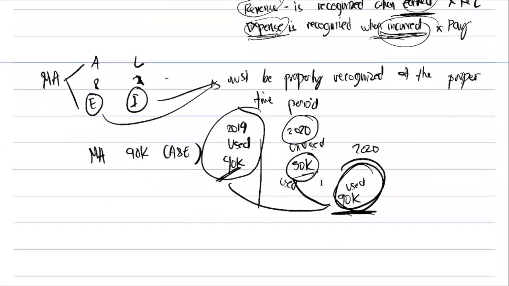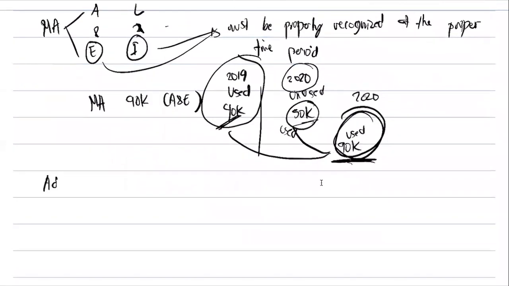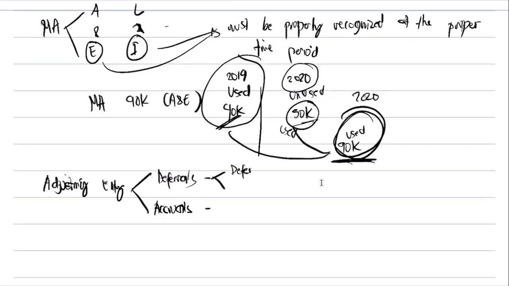So also before, in your adjusting entry, we learned that your adjusting entry is composed of at least two types. We have your deferrals and your accruals. Under your deferrals, we have your deferred income, also known as your pre-collection.